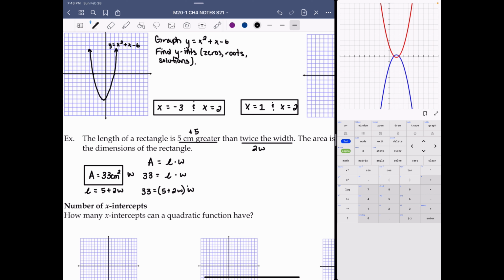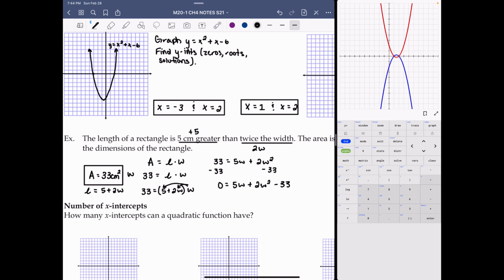So let's multiply this w into the brackets. We get 33 equals 5w plus 2w squared. Let's move everything to one side by subtracting 33. And we get 0 equals 5w plus 2w squared minus 33.